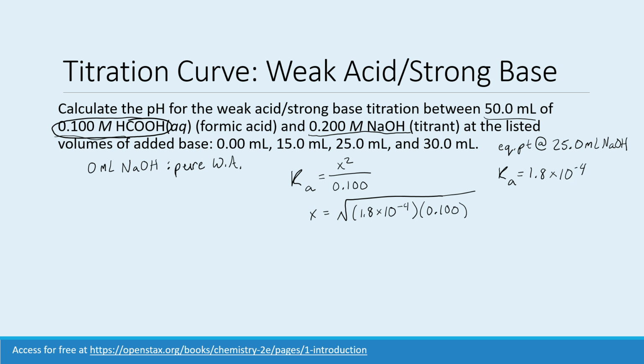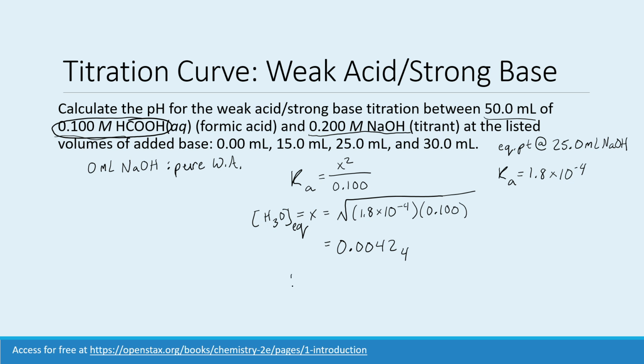And what does X stand for? Remember that X, if we're dealing with Ka values with weak acids, is going to be the hydronium ion concentration at equilibrium. And so that's how we'll find our pH. And X equals 0.00424.